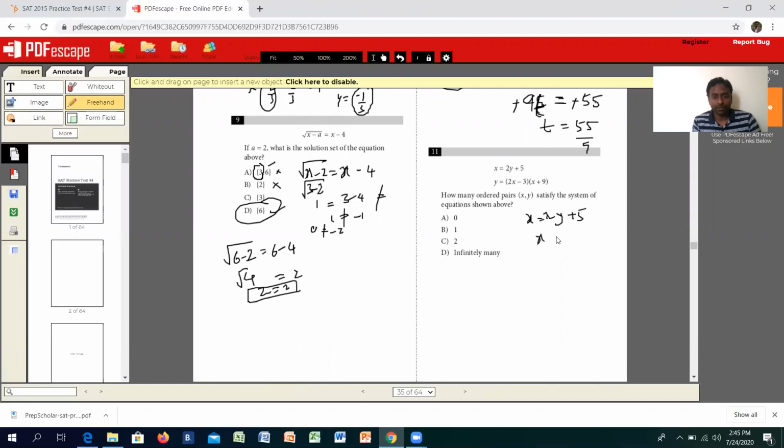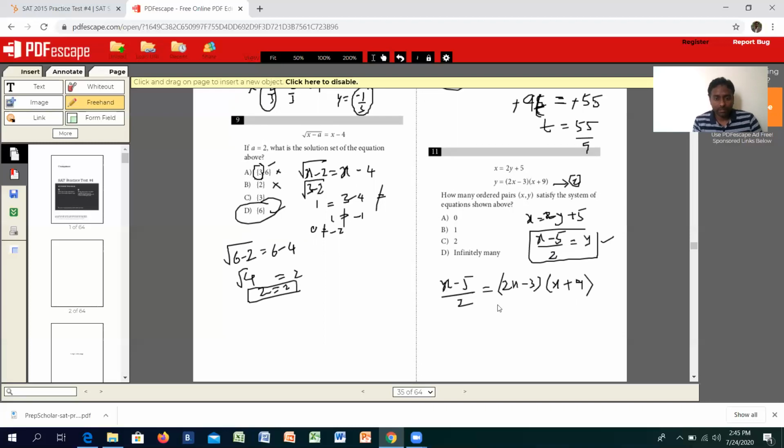What I'm trying to do is write this in terms of one variable. I subtracted 5 and then divided by 2, so I'm going to get this one. If I plug it over here in place of y in the second equation, x minus 5 over 2 is equal to 2x minus 3 times x plus 9.